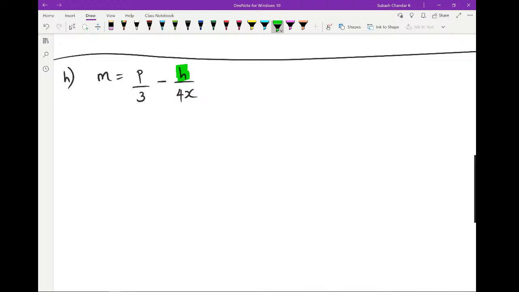Interesting. 12mx. Yeah, that'll work fine as well, Ansh. We're rearranging for h. We're not actually solving anything. We're just rearranging this equation. So h is there by itself.